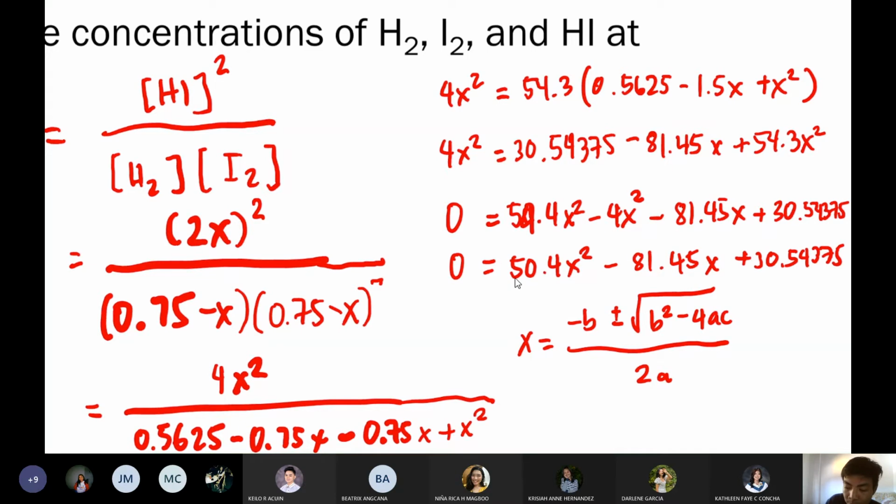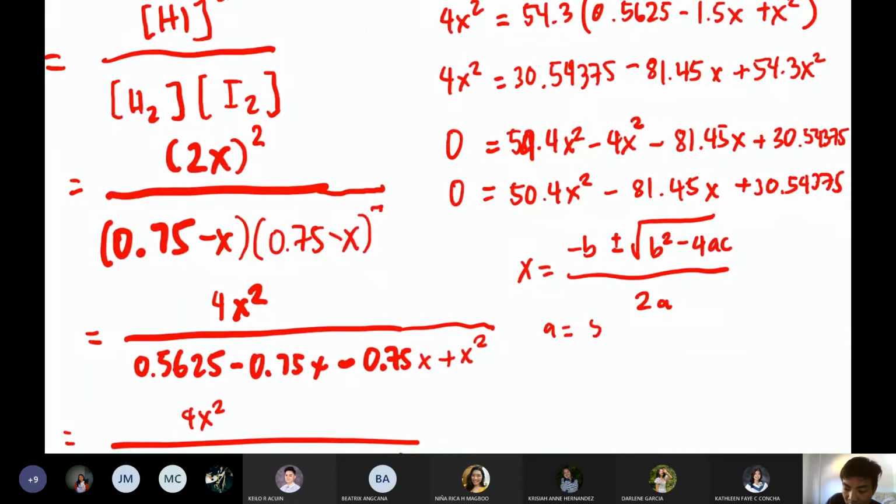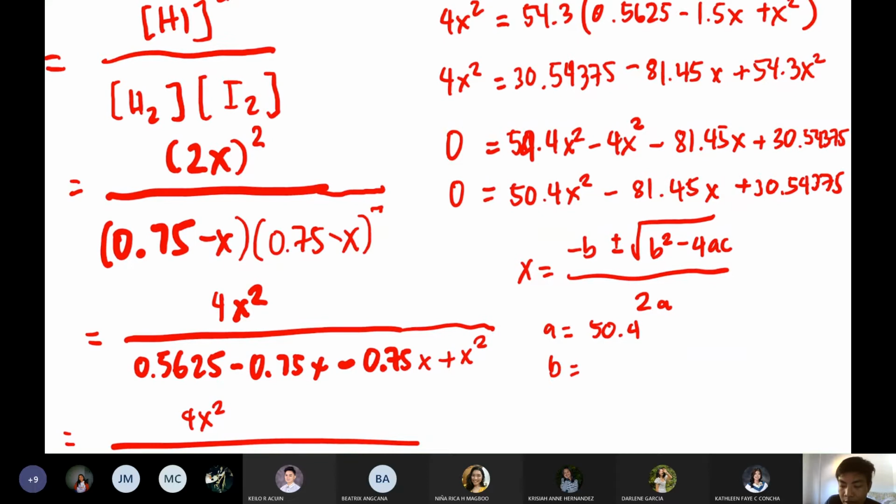That is 50.4. How about the value of b? The value of b will be the coefficient of x. Okay, so that's negative 81.45.